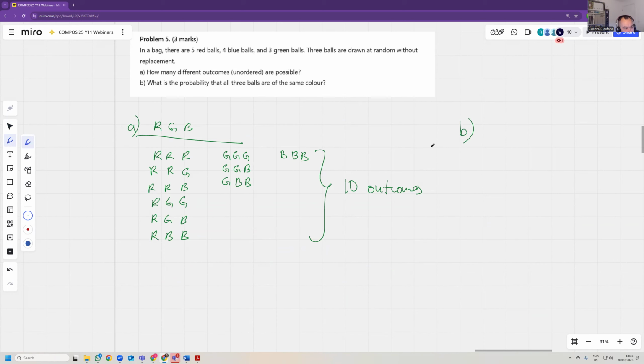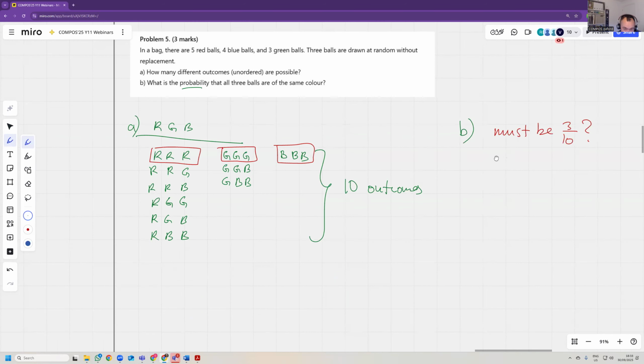Now, it says, what is the probability that all 3 balls are of the same color? It's very tempting to just say, well, there's only 10 outcomes and there's only 3 where they're all the same color, so the probability must be 3 out of 10.